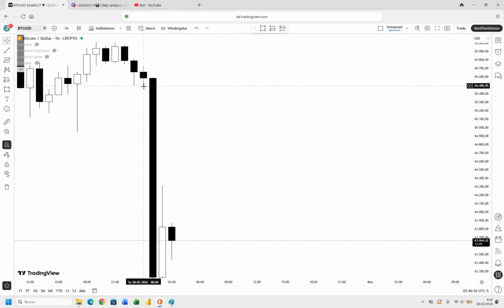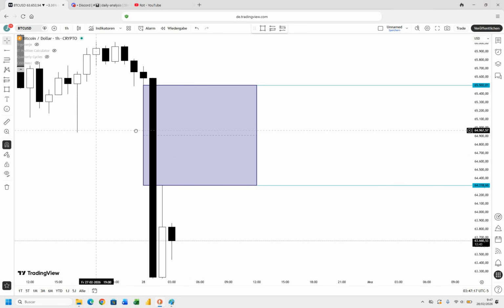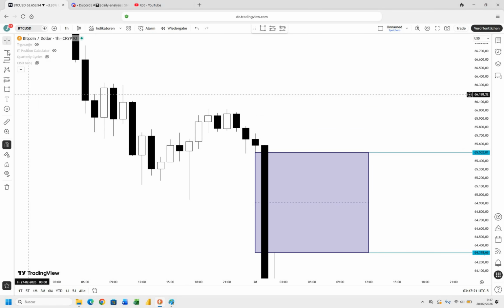We have the first candle's lower wick, then one big candle, and then the third candle's higher wick, and they don't overlap each other. Let me draw it like this. Here we have one wick, and here we have the third wick. What do we have in between? The fair value gap.